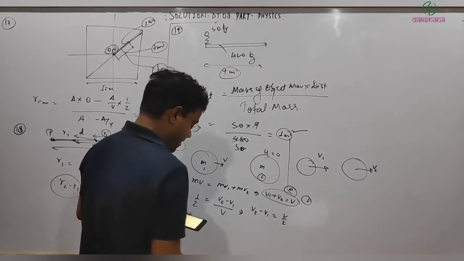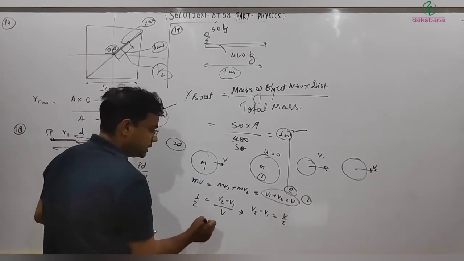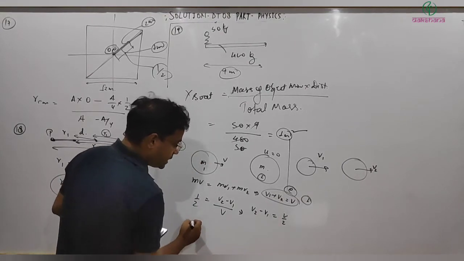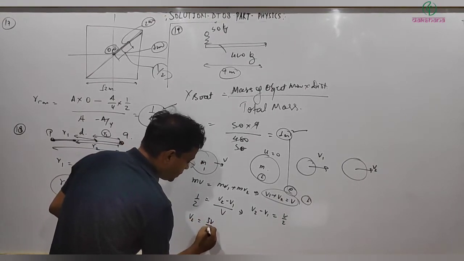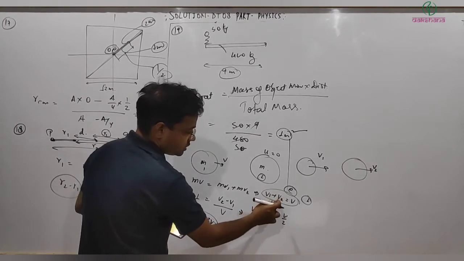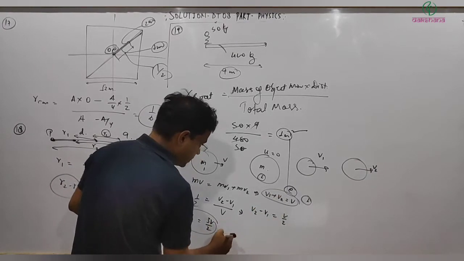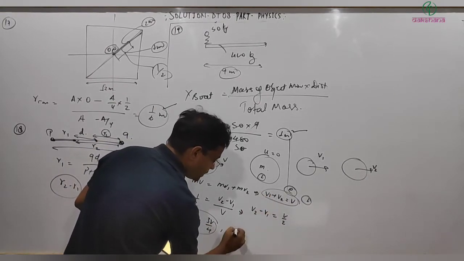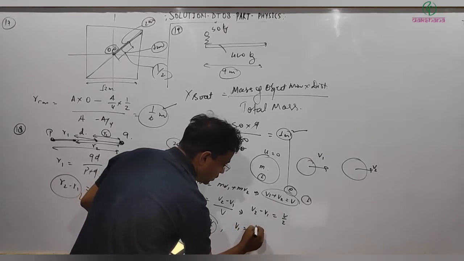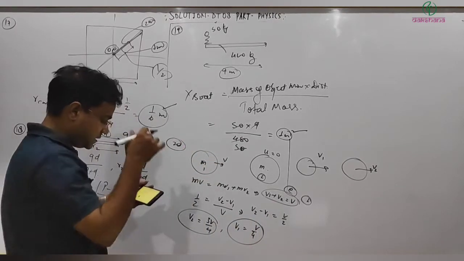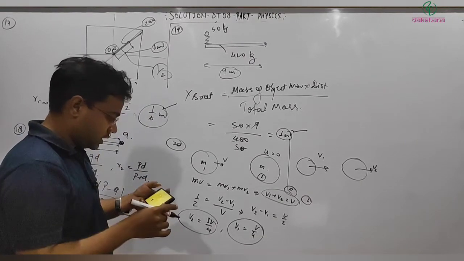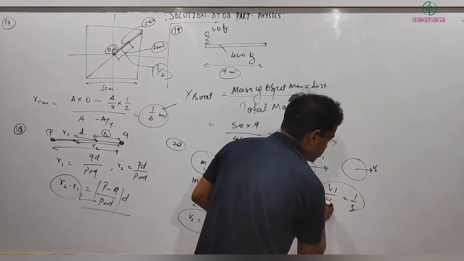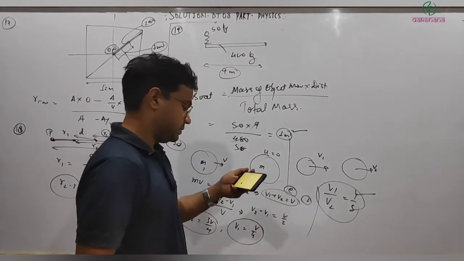Then simply adding these two and simplifying, v1 gets cancelled out, and v2 comes out to be 3v by 4, and then subtracting, I am getting v1 is equal to v by 4. So the ratio of v1 by v2 comes out to be 1 by 3. That is the answer to the problem, matches with option C.